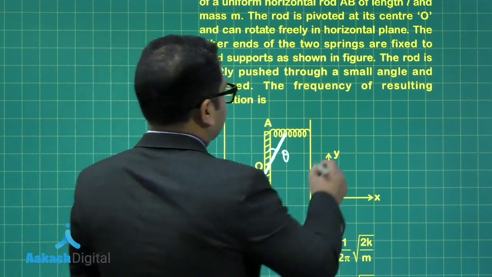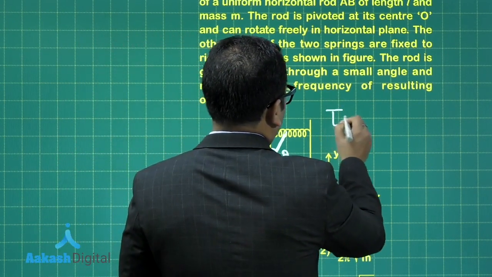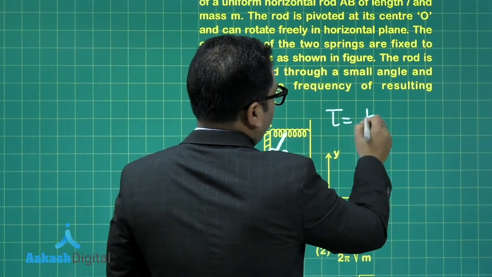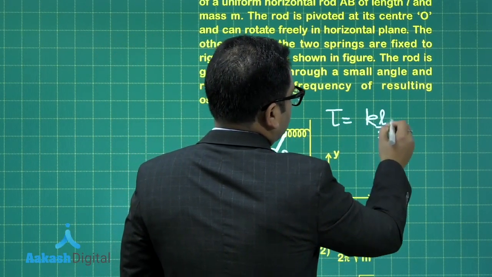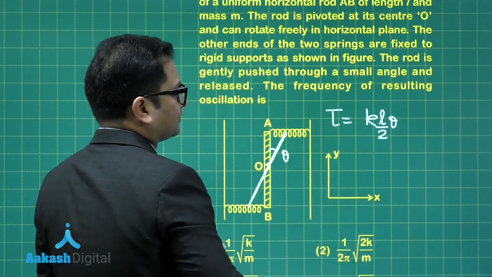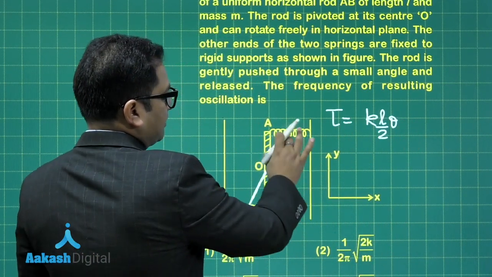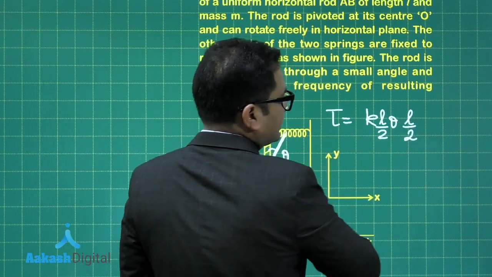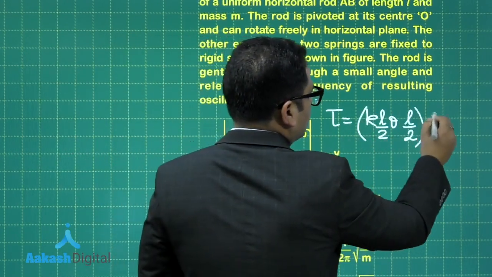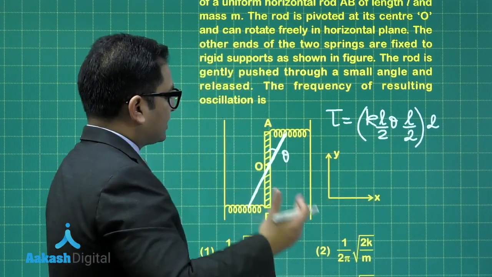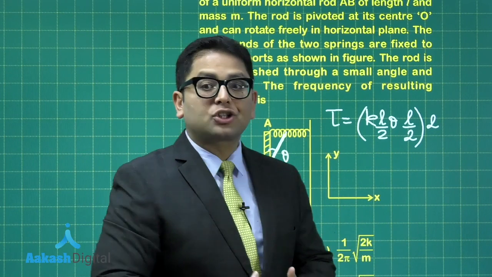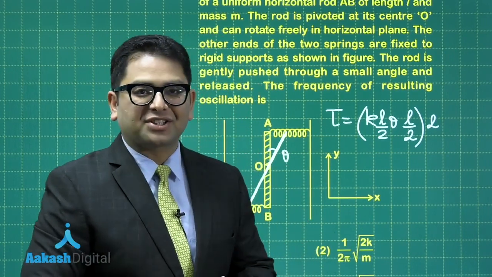Fine. So in that case, the torque would be the restoring force KL by 2 multiplied by theta, because this is L by 2 theta, multiplied by L by 2 as the distance, multiplied by 2 because both the springs are producing torque in the same direction.